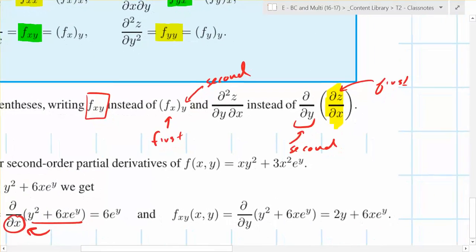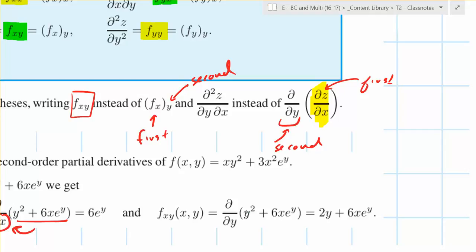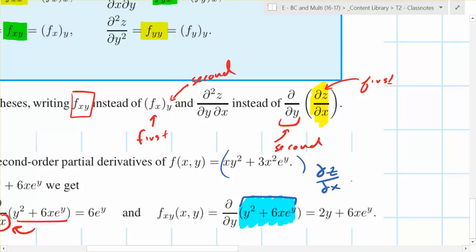What's happening here? What is this right here? y squared, 6xy, 6x e to the y. Which one is that? See this right here? What happens if we do partial z with respect to x of xy squared plus 3x squared plus e to the y?